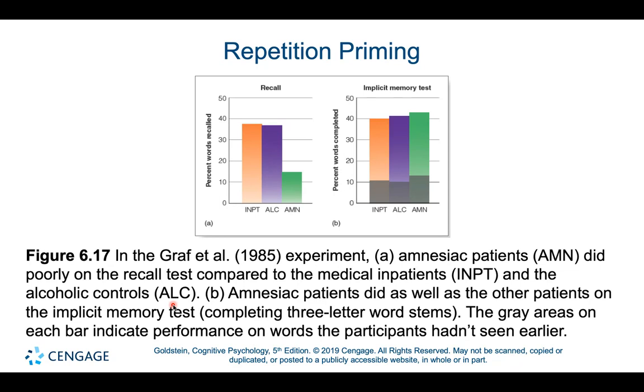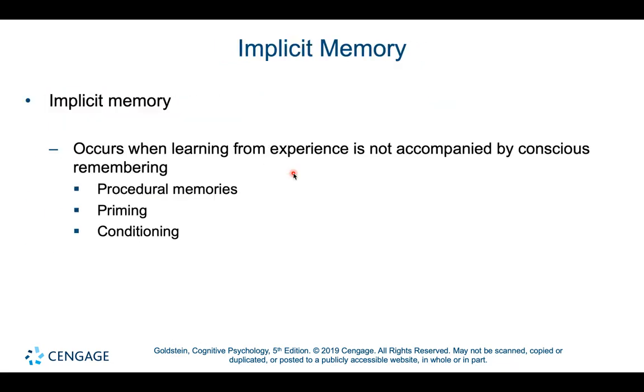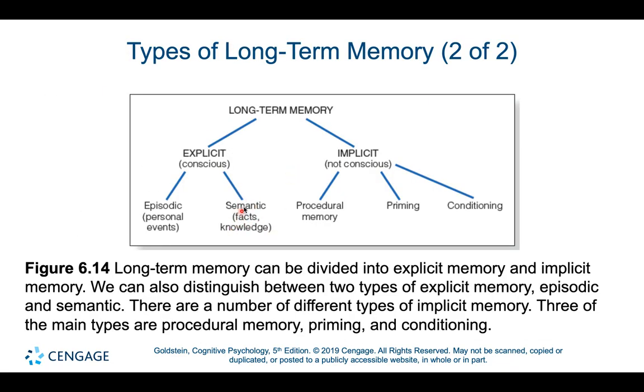So we can see that medical inpatients, so people in a hospital, and alcoholics were very good at this repetition priming experiment when they had to recall the information, and amnesics were poor at recall, right? Because recall is a semantic explicit memory.